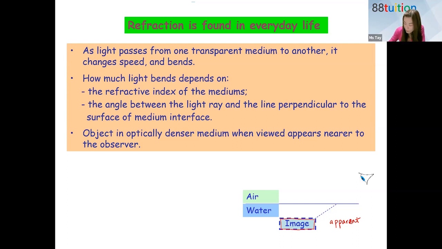Apparent image. Let me see which question this is. I think you have one question here. If you are not sure of this term, actually image will be sufficient, but sometimes they call it apparent image. Here is the question on position.